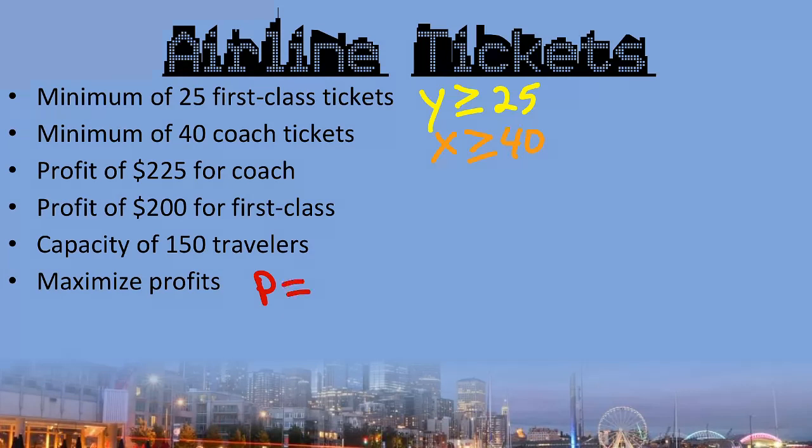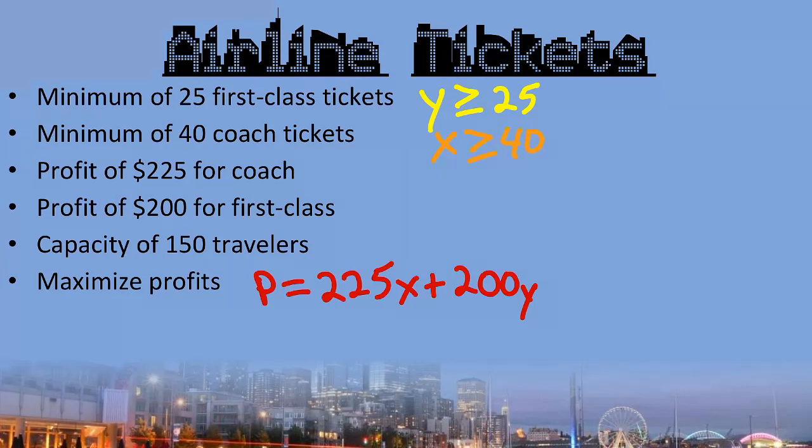But P is equal to 225 times coach plus 200 times first class, the number of first class tickets. So each coach ticket, we multiply by 225, and that will increase our profits. Each first class ticket, we multiply by 200, and that will increase our profits. We want to maximize our profits.